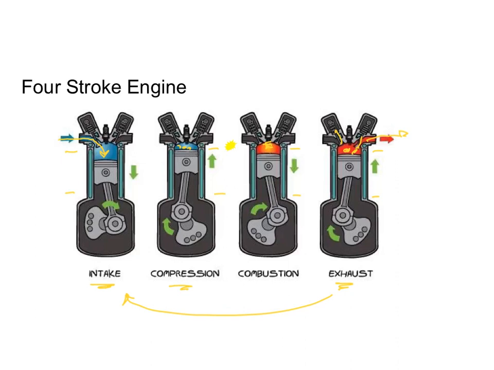To give you an idea of how fast this process works, if you can imagine, the intake and compression is one rotation of the crankshaft, and the combustion and exhaust is another rotation of the crankshaft. Now, you might see RPMs on the engine of your car, which is rotations per minute.